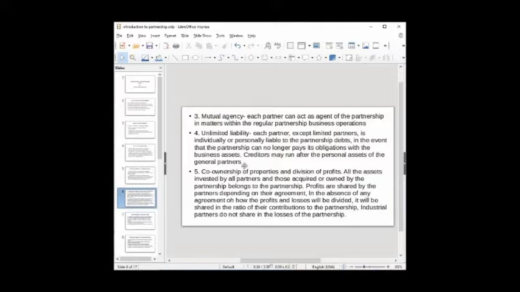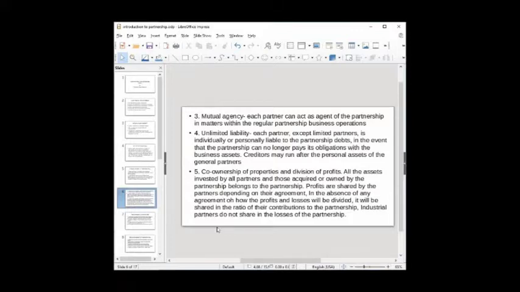Another characteristic is the co-ownership of properties and division of profits. All the assets invested by the partners and those acquired or owned by the partnership belong to the partnership. The profits are shared by the partners depending on their agreement.